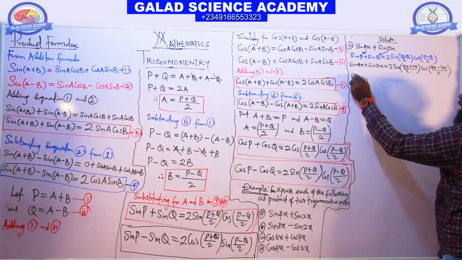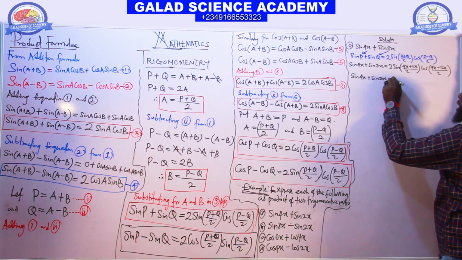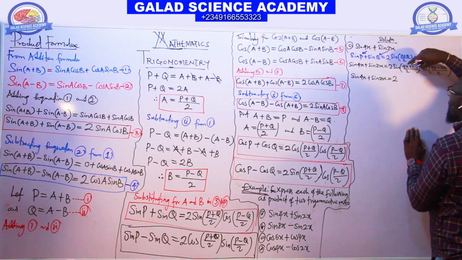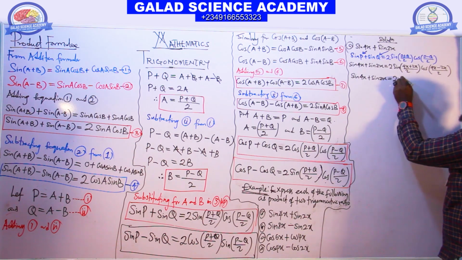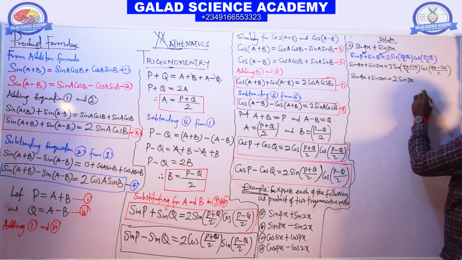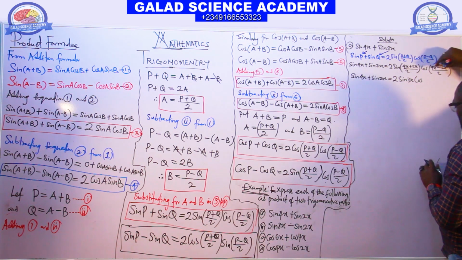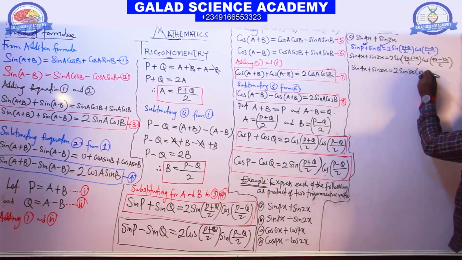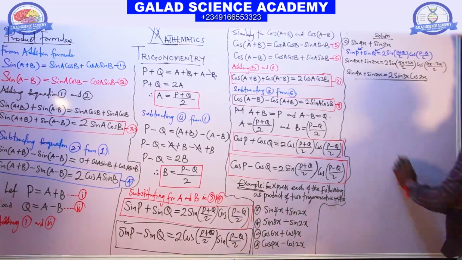So you now have 2 sin of (4x plus 2x) over 2. Adding 2x plus 4x gives us 6x, divided by 2 gives us 3x. Cos, here we have 4x minus 2x, which gives us 2x. 2x divided by 2 gives us x. This is the final answer.